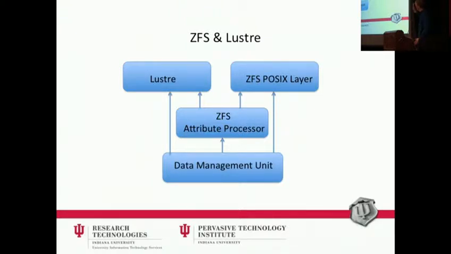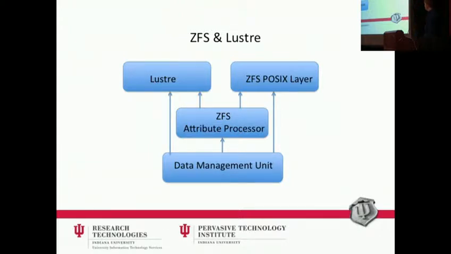So this of course isn't all about ZFS and Lustre, but on a certain level, I wanted to point out that from a Lustre standpoint, Lustre and ZFS as a POSIX file system are at kind of the same hierarchical level, and down below them are the lower level pieces of ZFS.